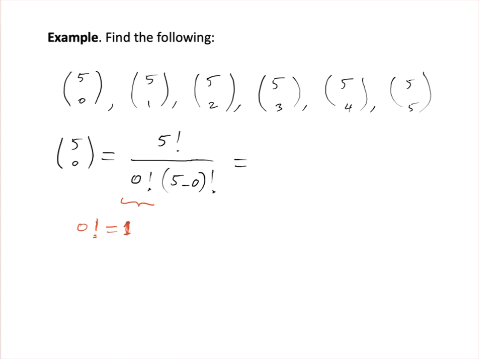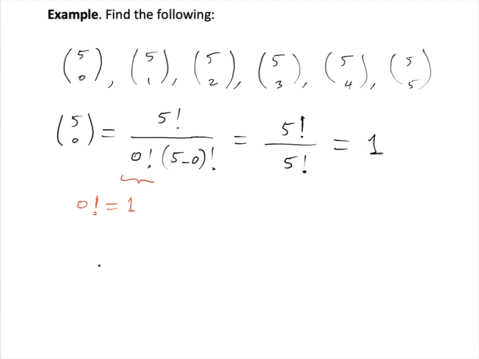So 0 factorial is not 0. Make sure you note that. Now what I have here is 5 factorial, whatever that is. Don't multiply it out. 5 minus 0 is just 5, so that too is 5 factorial. 5 factorial over 5 factorial. Any number over itself is 1. So 5 choose 0 is 1. And now let's do 5 choose 1.